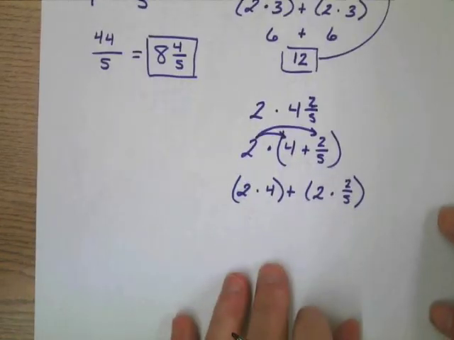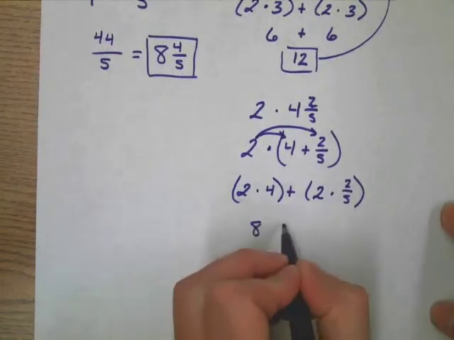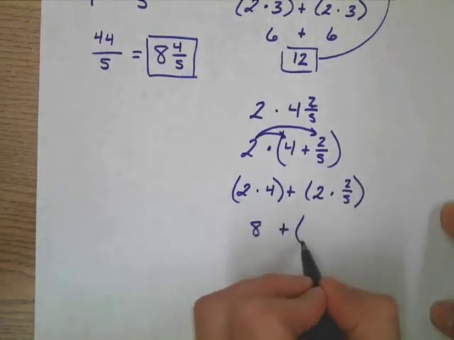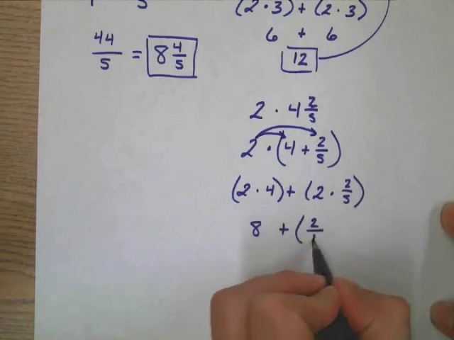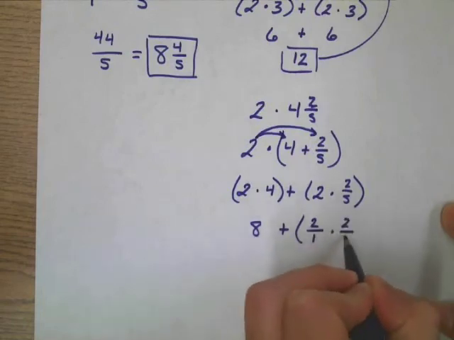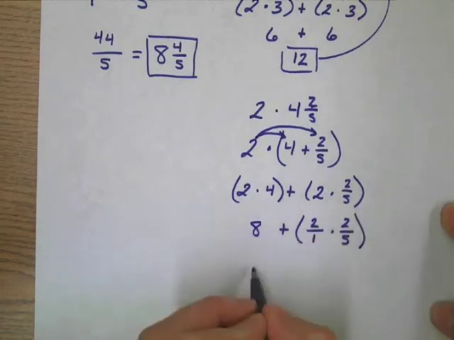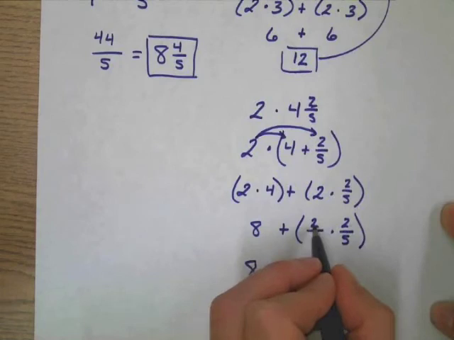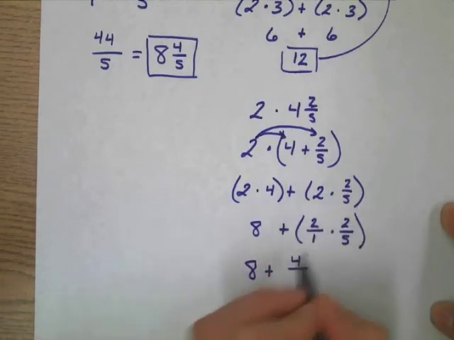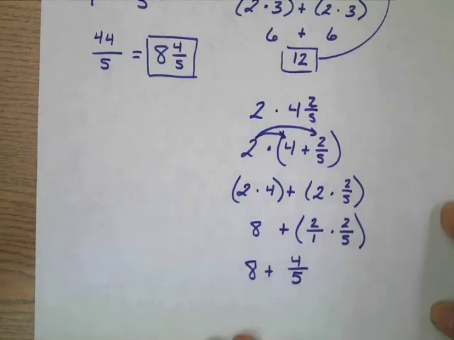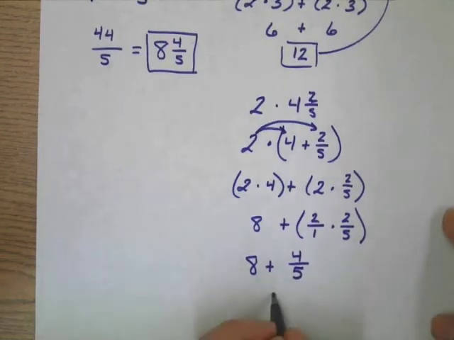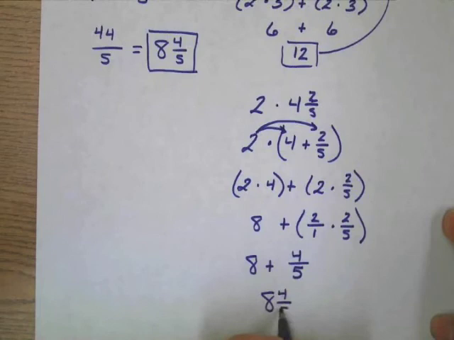And 2 times 4 is 8. And for 2 times 2/5, I'm going to think of my 2 as 2 over 1. So I end up with 8 plus, and I multiply my numerators together, which is 4, and my denominators together, which is 1 times 5, which is 5. I end up with 8 plus 4/5, or 8 and 4/5.